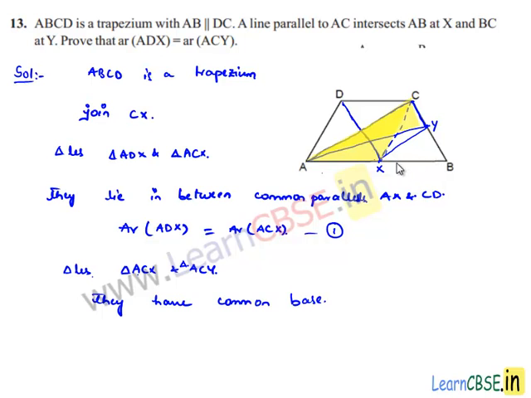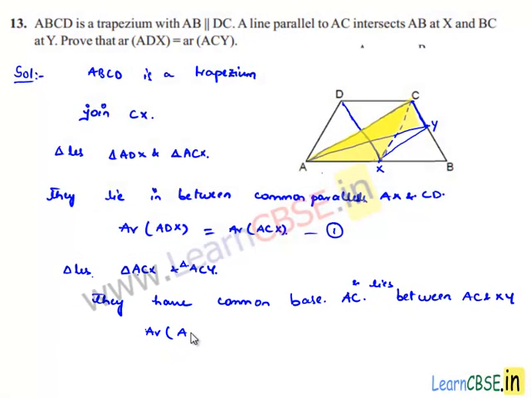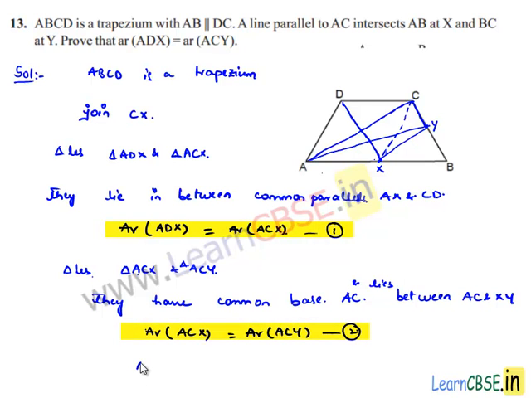In these triangles, they lie about the common base AC, and they also lie in between the common parallels, AC and XY. Therefore, we know that area of triangles lying in between the common parallels and with common base will have equal areas. We can equate area of triangle ACX is equal to area of triangle ACY. Let it be equation number 2. Then from equation 1 and 2 we can say that area of triangle ADX is equal to area of triangle ACY.